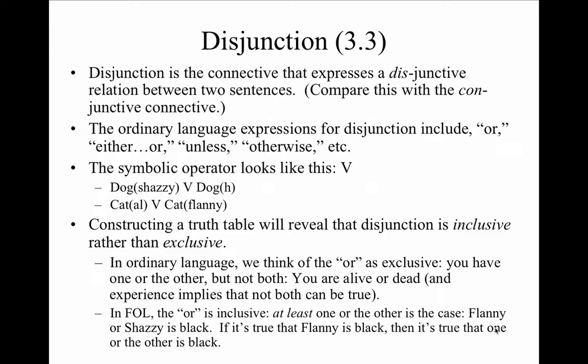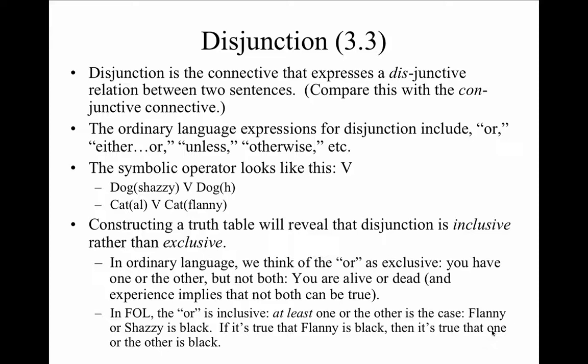So here's an example. If I have the sentence, Flanny or Shazi is black, that sentence is true provided at least one of those cats is black. So my cat Flanny is black. That sentence is true. We would say very comfortably that since the sentence, Flanny is black, is true, the sentence, Flanny or Shazi is black, is true.